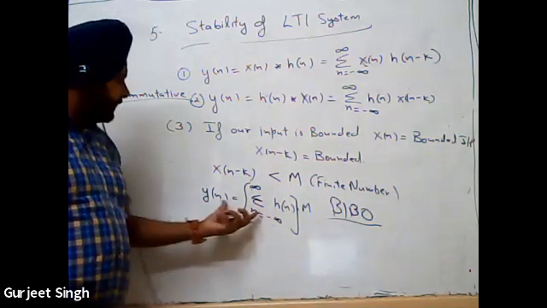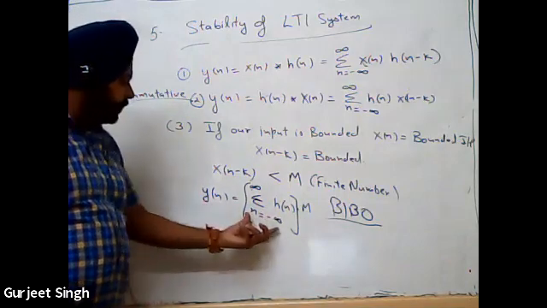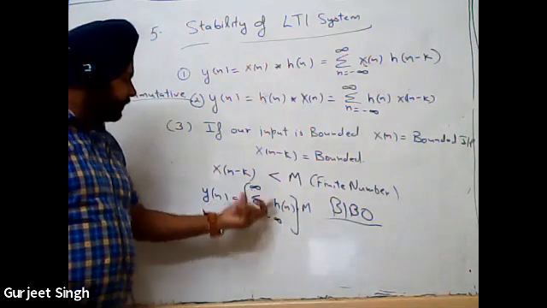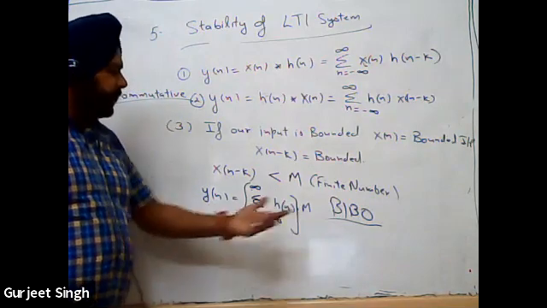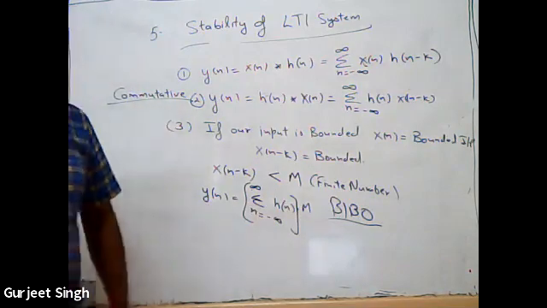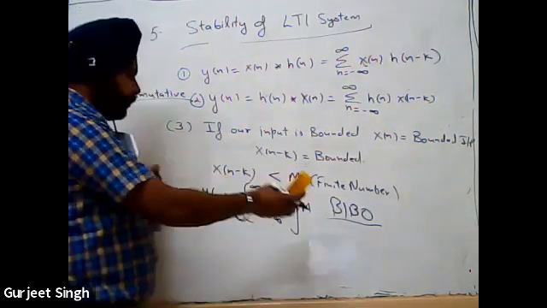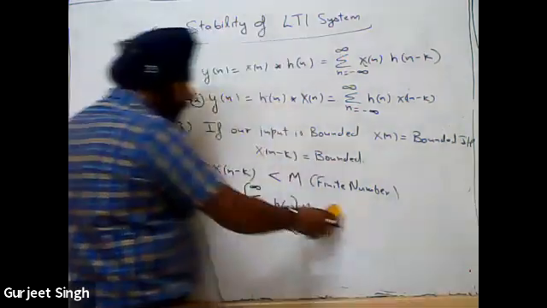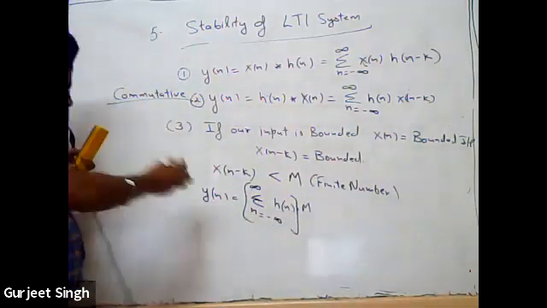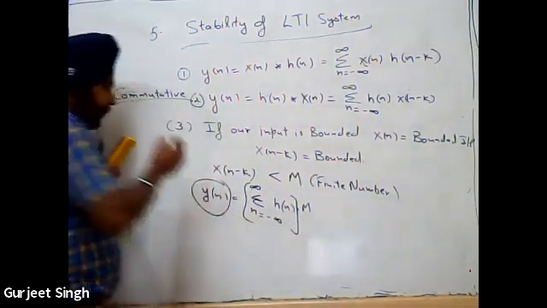Our LTI system equation is y[n] equal to the summation from minus infinity to infinity of h[k] x[n minus k]. Our input is bounded, which we assume. Now we have to check whether my output is bounded or not.